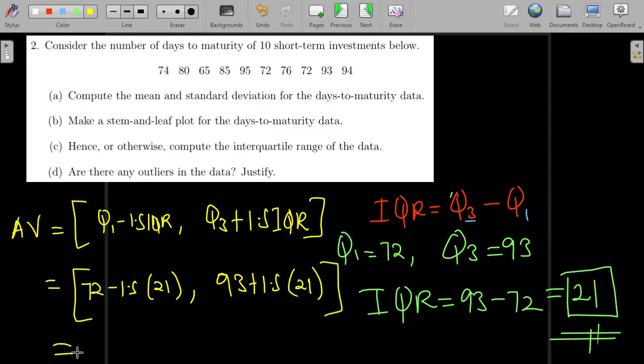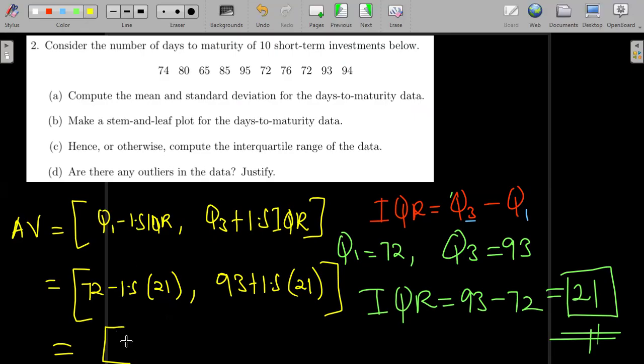So this is what I have here. So 72 minus 1.5 multiplied by 21. Let me multiply this. So it's 72 minus 1.5 multiplied by 21.